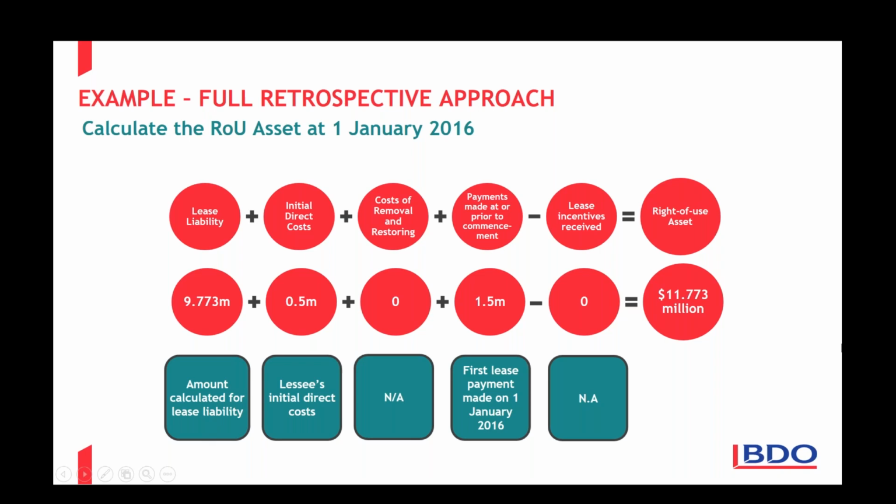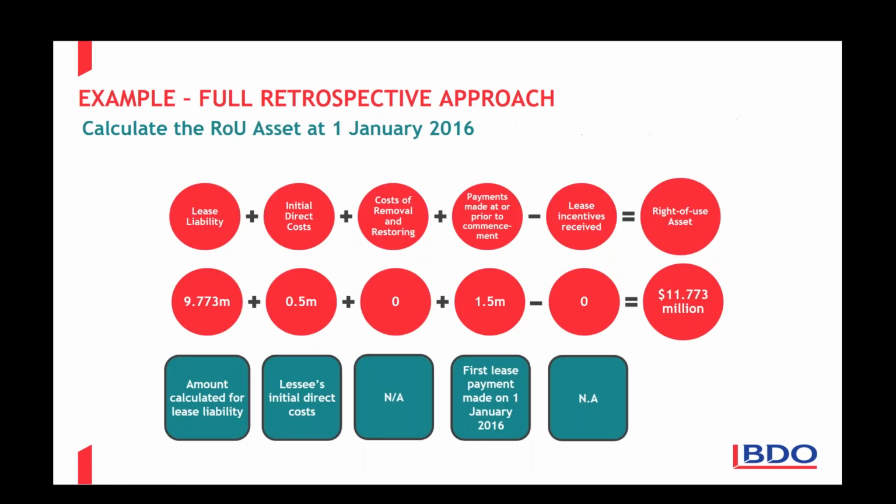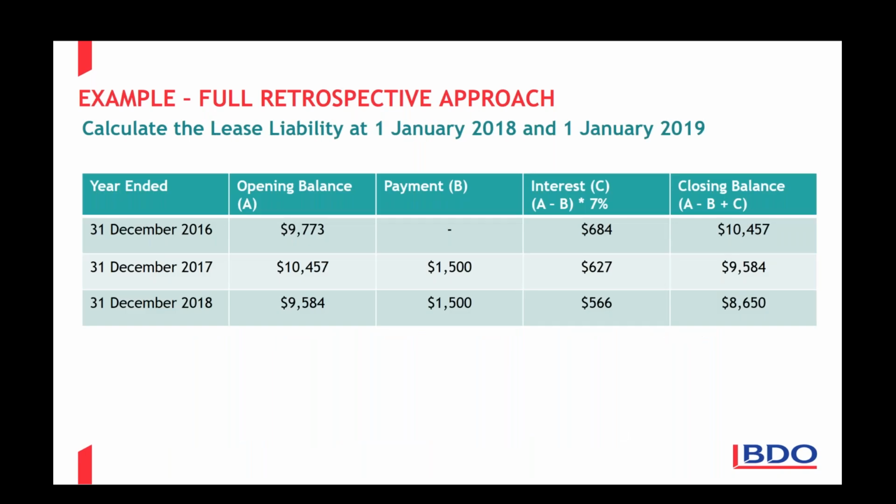All right, so if we go on and look at what would be the next step. Step one, calculate the liability on 1st January 2016. Step two, calculate the right of use asset at 1 January 2016. And then we have to do an amortization table for this lease liability. For each and every lease, we need an amortization table.